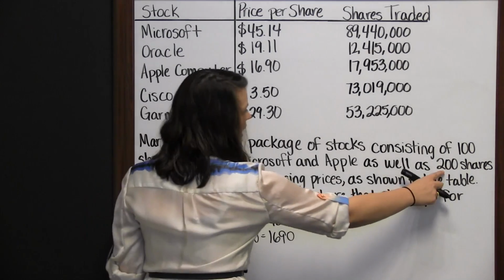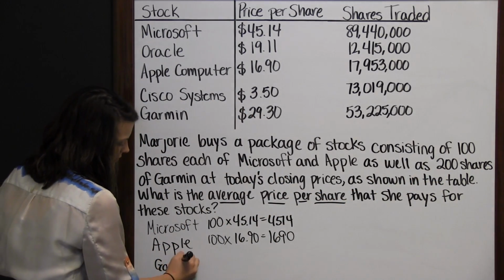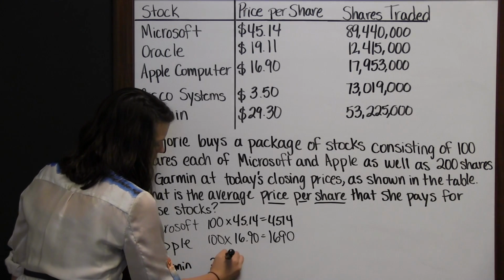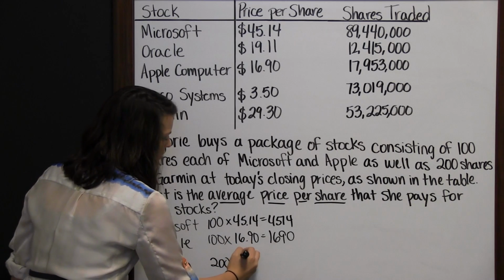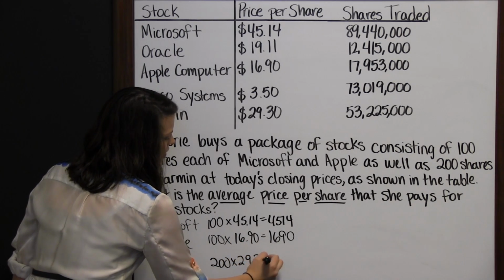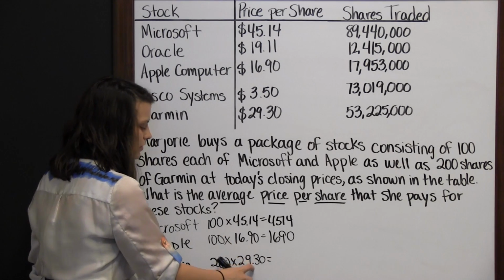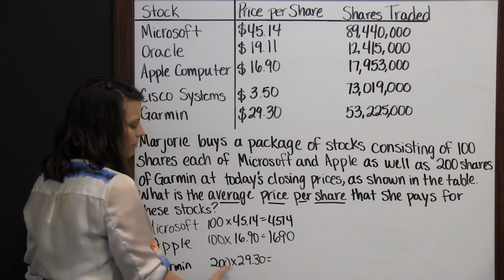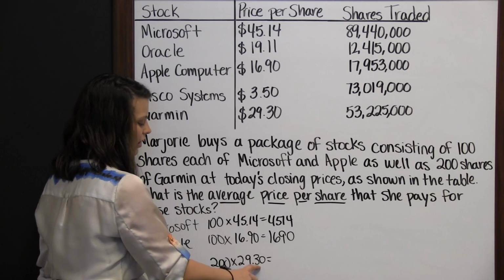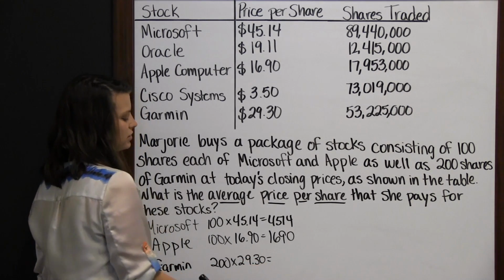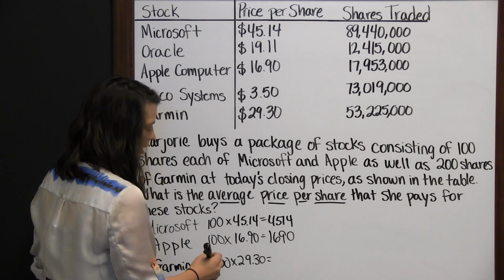Then she got 200 shares of Garmin. So Garmin, 200 times, and Garmin is $29.30. Multiplying by 100 means we move it 2 places to the right, but multiplying by 200 means not only do we move our decimal 2 places to the right, but we're also going to double that number.